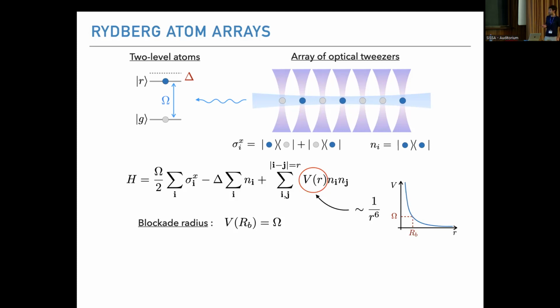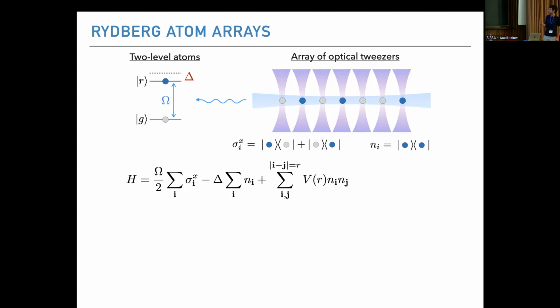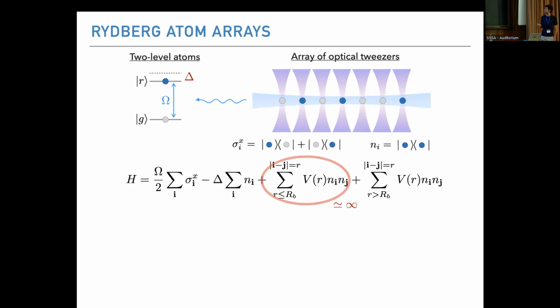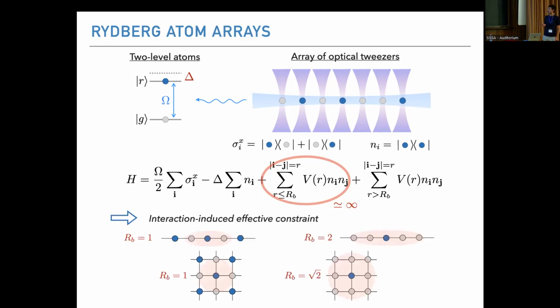which is called the blockade radius. Essentially, since the interaction is very strong for distances between the atoms below this blockade radius, which is defined by this equation, and which is essentially set by the laser power and by the distance between the atoms, you essentially treat the potential below the blockade radius as infinite, and you have what I call the interaction-induced effective constraint, which is totally tunable experimentally.